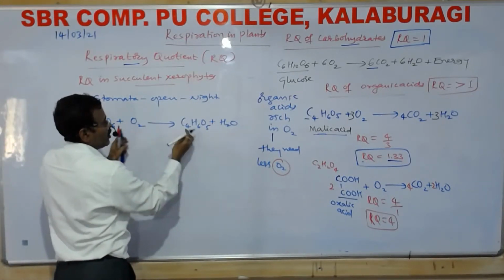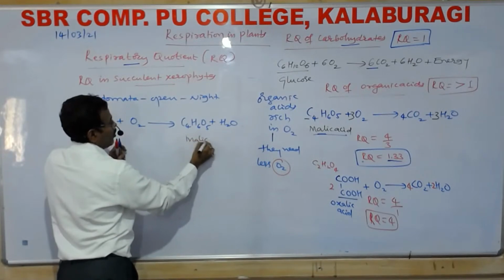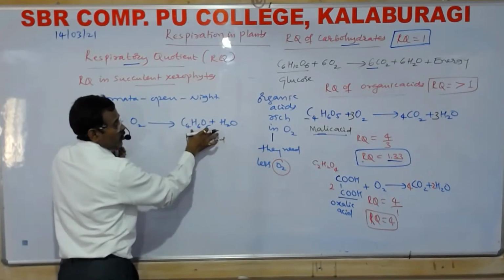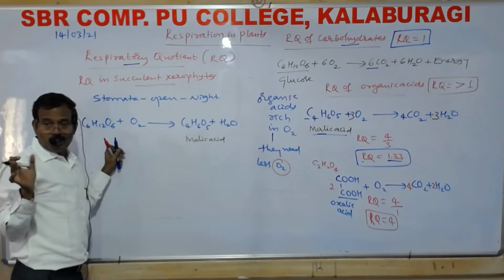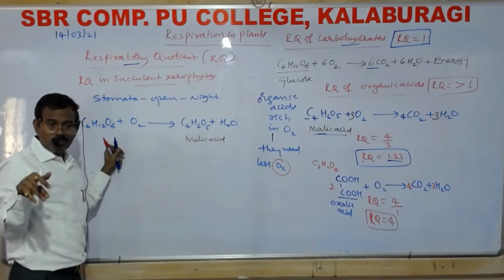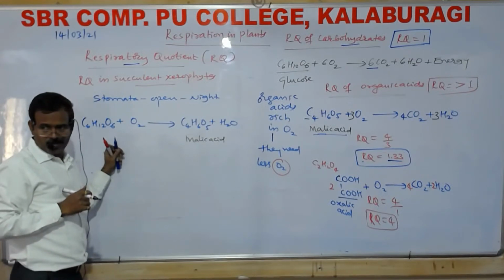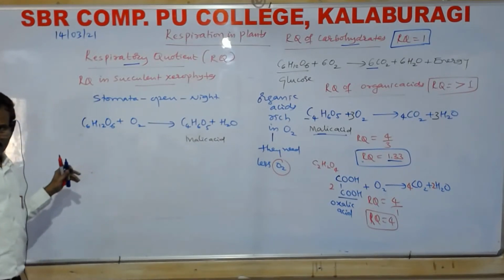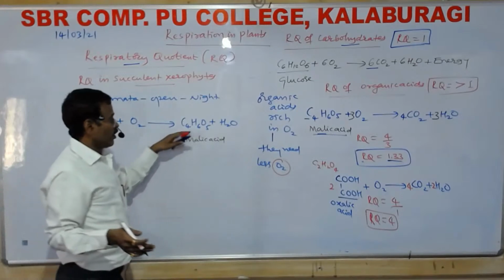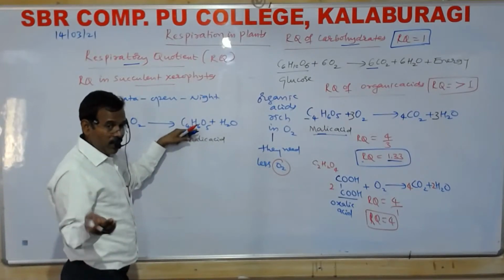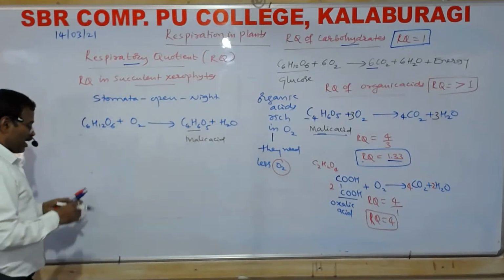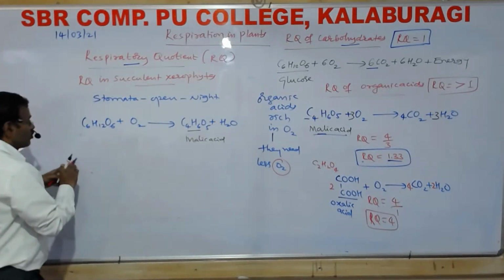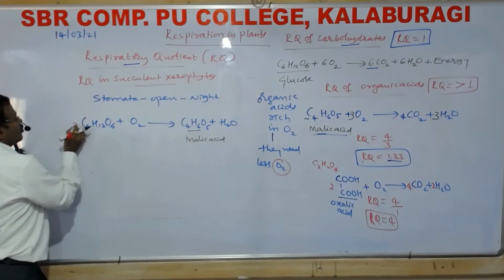The organic acid is malic acid. And there is no liberation of carbon dioxide. That carbon dioxide is used for synthesis of carbohydrates. When the substrate is broken down, it is not releasing carbon dioxide, it is releasing organic acid, that is malic acid. Balance.